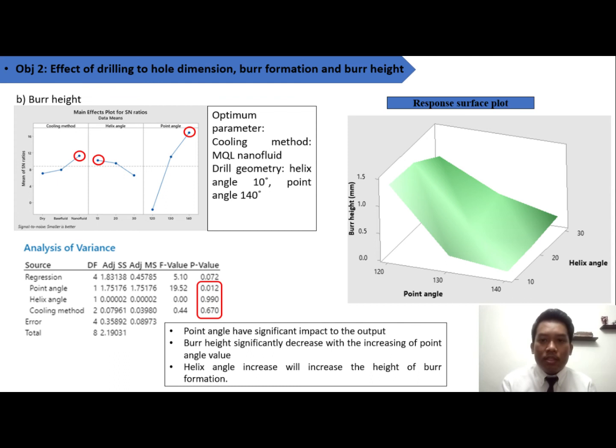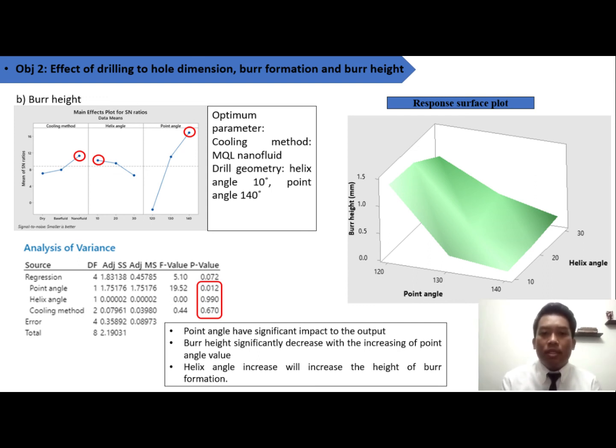Next, this data is supported by analysis of variance that shows the p-value of point angle is smaller than 0.05 compared to the other two factors, cooling method and helix angle, that have p-value larger than 0.05. This p-value shows that the point angle has a really significant impact on the burr height value on the exit hole.